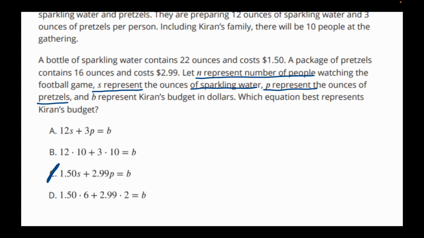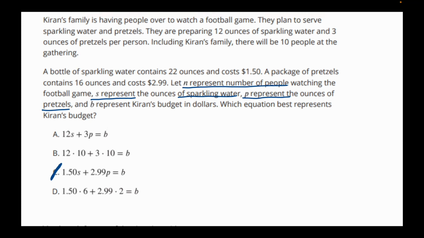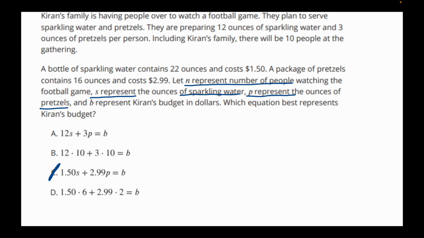In the first question, they're saying $12 for the sparkling water and $3 for the pretzels. This isn't going to work either because that's the ounces. We want the budget. We want something that deals with money. So we're actually not going to use the ounces and the ounces of pretzels there either.